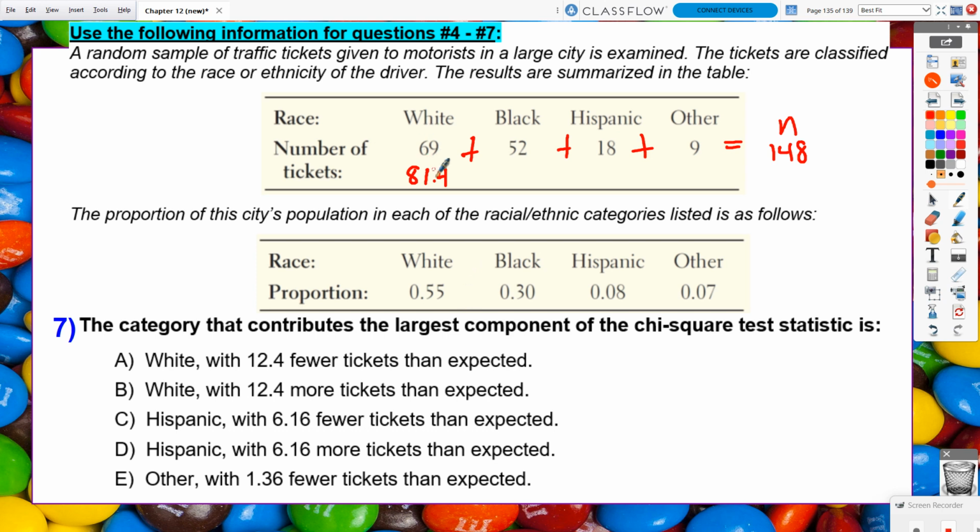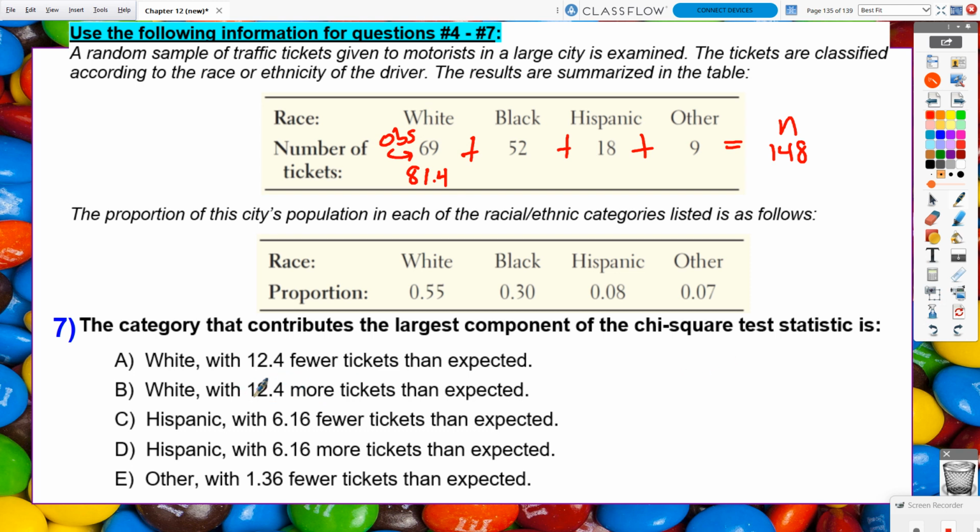So I expected more tickets to be given to white drivers than what I really saw happen. So were there 12.4 fewer or 12.4 more than expected? Well, again, this is what we actually observed with 69, and we were expecting a higher number. So we actually saw 12.4 fewer. And again, if you take the difference of these two numbers, that's where the 12.4 is coming into play.